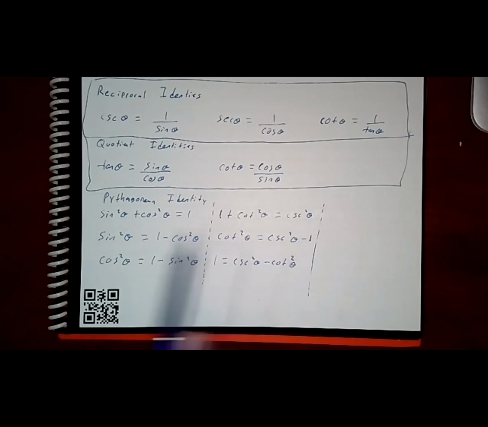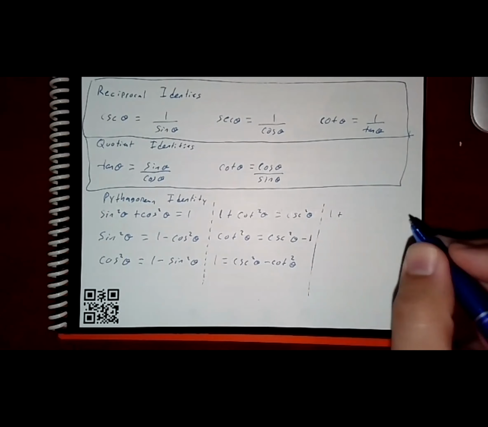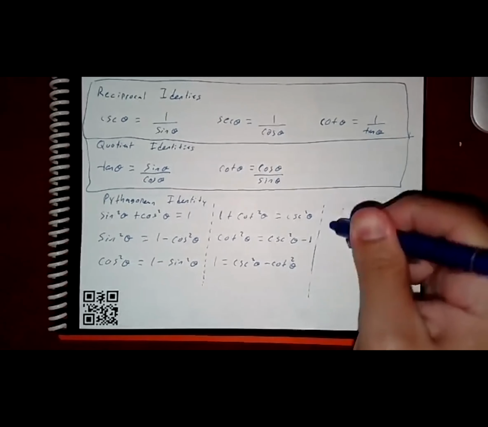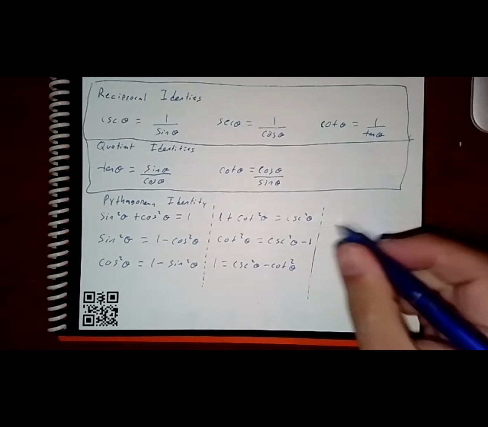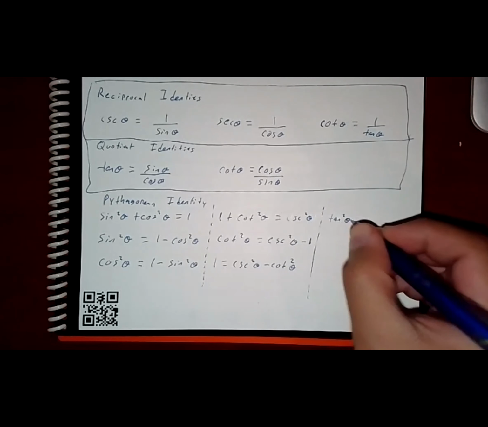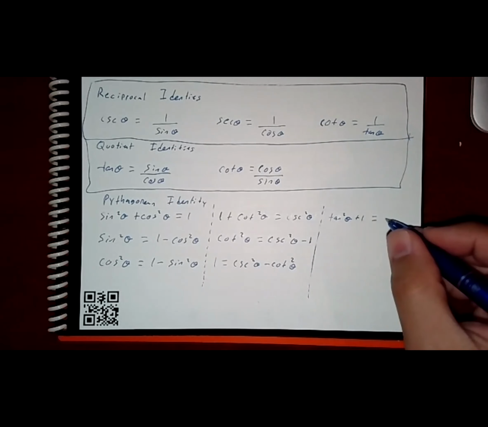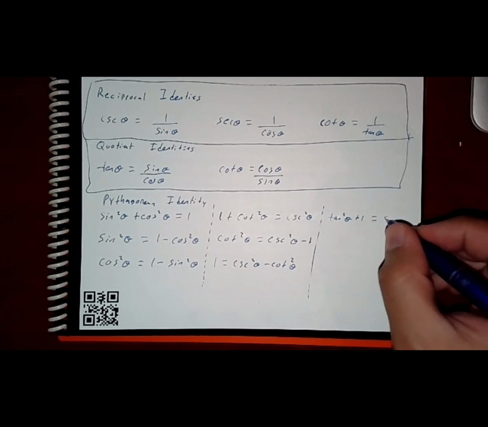Let's see here. Divide everything by cosine, because we did sine first. That will give us tangent squared theta plus 1 equal to 1 over cosine squared, which is secant squared theta.